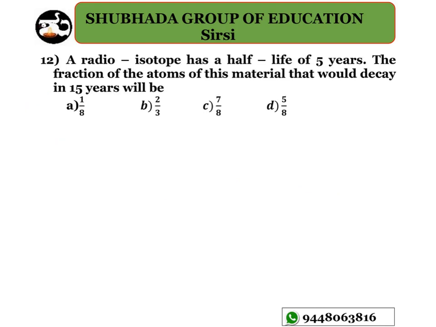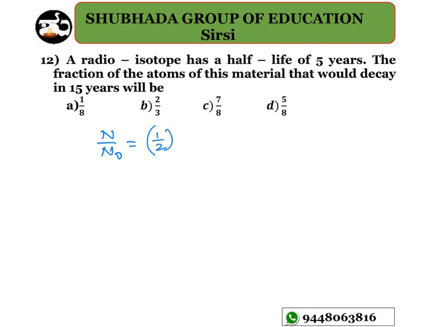Move to the next problem here. A radioisotope has a half-life of 5 years. The fraction of the atoms of this material that would decay in 15 years will be. As the fraction is N divided by N naught, that must be equal to 1 by 2 to the power of t by t half.